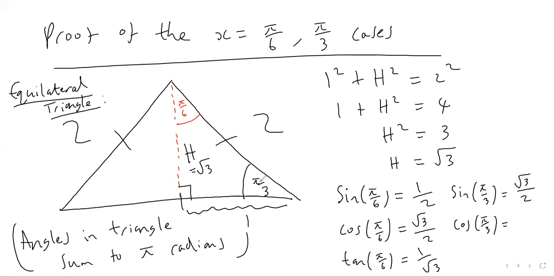Adjacent to the pi over 3 is this number 1. Adjacent divided by hypotenuse, so 1 over 2 for cos pi over 3. And lastly, tan pi over 3 is opposite divided by adjacent. So root 3 divided by 1, because 1 is the adjacent, you just get root 3. So that's how you prove the cases for pi over 6 and pi over 3.